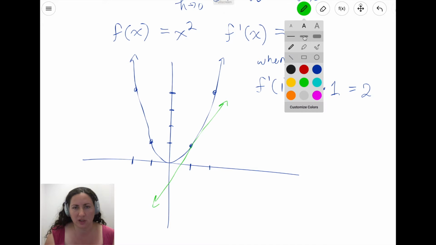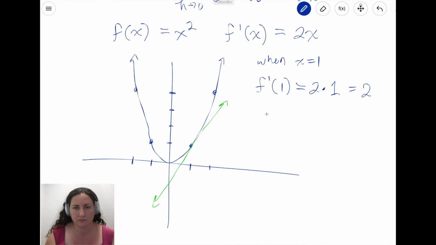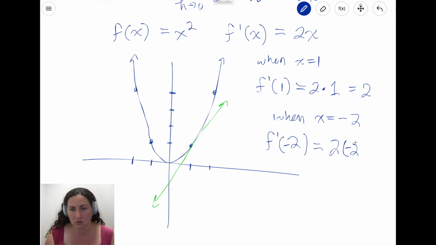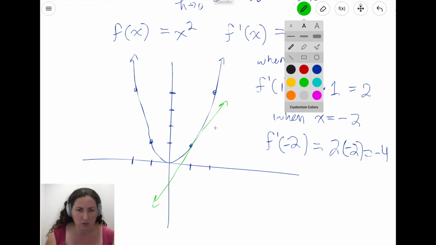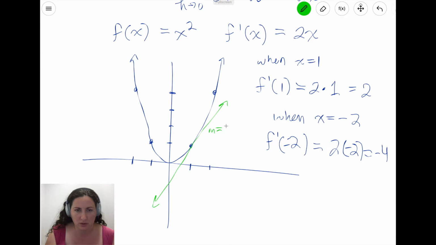Let's try when x equals negative 2. Again, I'm just going to use the derivative formula we calculated, 2x, so f prime of negative 2 is going to equal 2 times negative 2, or negative 4. Okay, let's just summarize that the slope was 2. f prime of 1 equals 2.